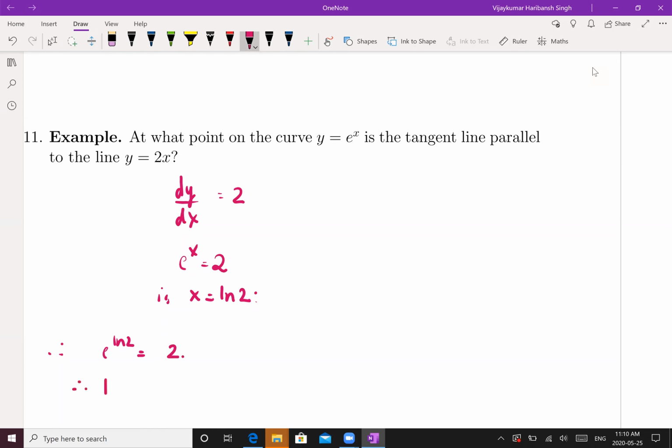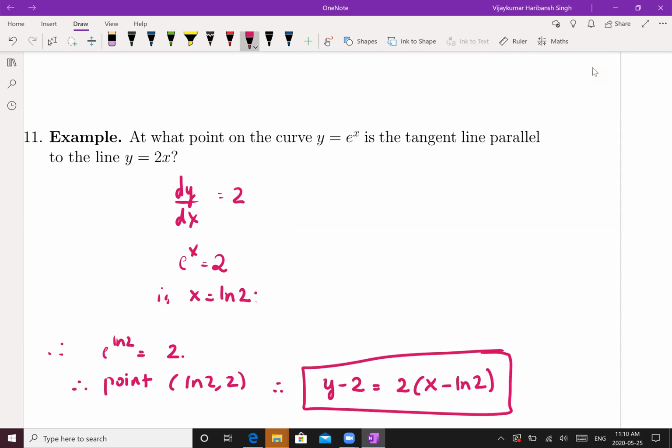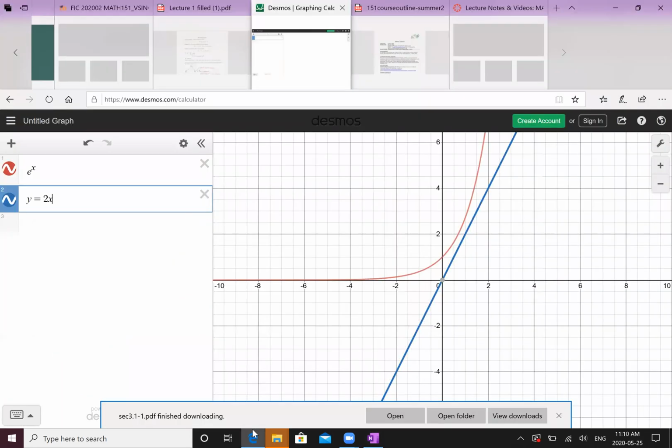So the point has x coordinate ln 2 and y coordinate 2. Therefore the equation of the line is y minus 2 equals 2 times x minus ln 2. Why are we doing this? So that we can really see on Desmos that this is the case. So let's go back to Desmos and sketch the graph of the tangent line and see if they are parallel.